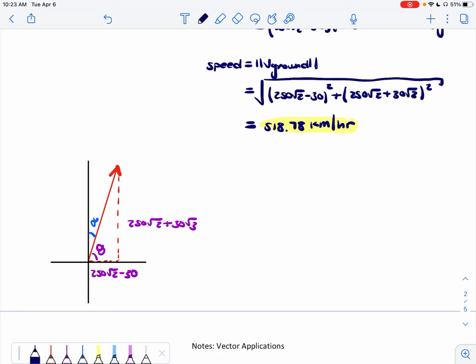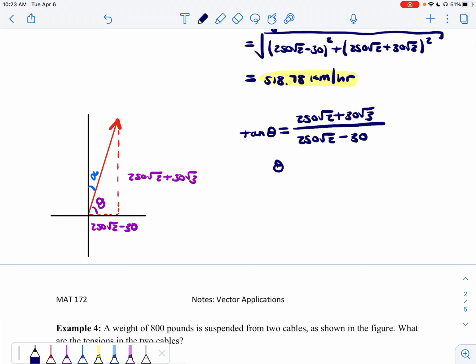Okay. All right, so since we know the opposite and the adjacent sides, we can use our tangent function. So we'd have tangent of theta is equal to 250 root 2 plus 30 root 3 all over the quantity 250 root 2 minus 30.